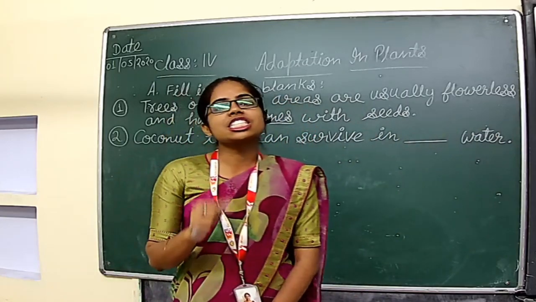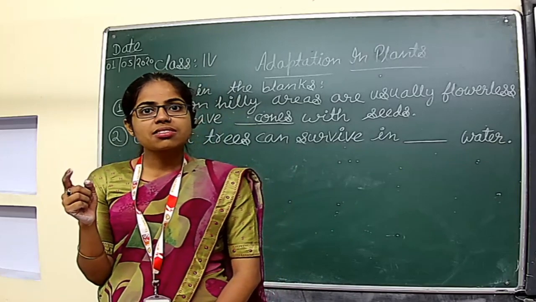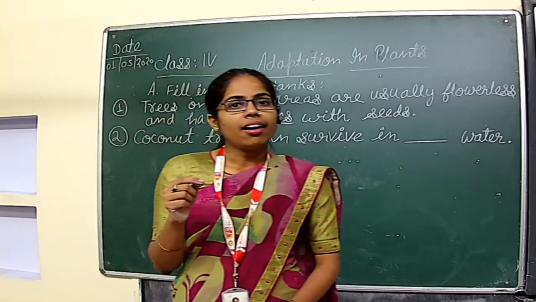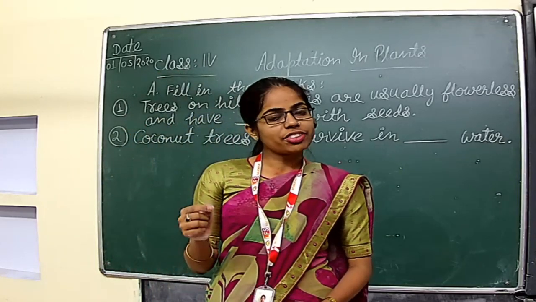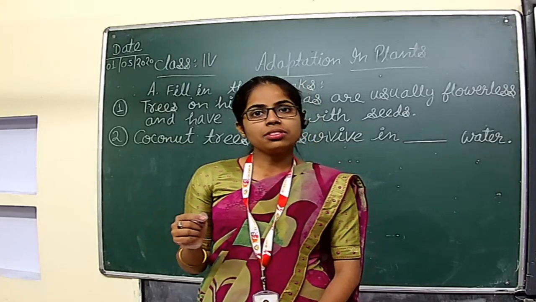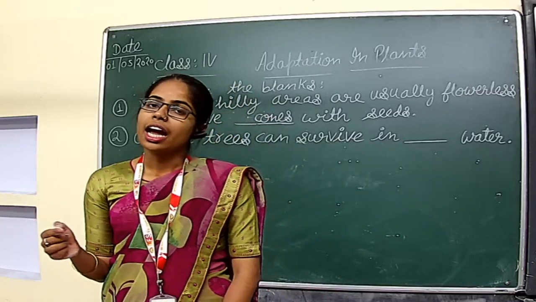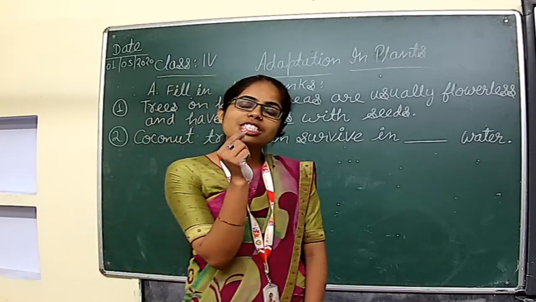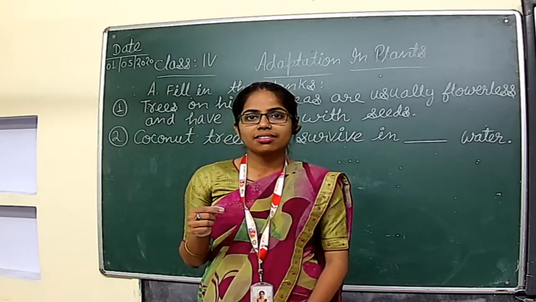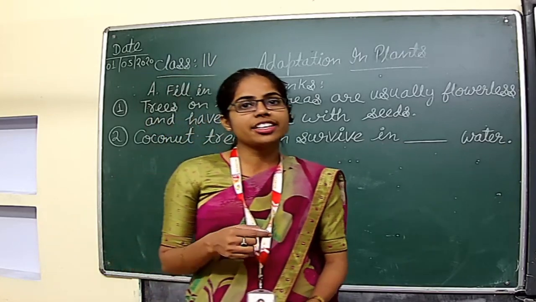We have studied about the trees on the sea coast, or we can say the trees which grow around the water bodies. And what is the special feature of the sea? The water of the sea is salty in nature.